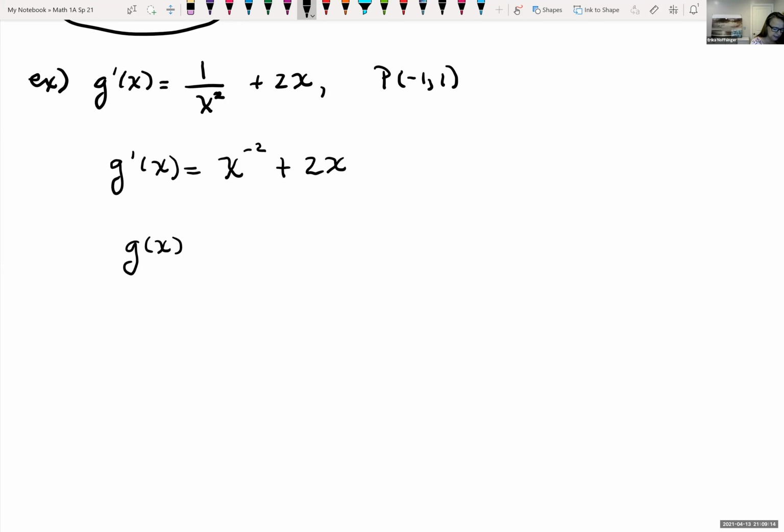You can always look at it and make sure. X to the negative 1: if I bring this down, I get negative x to the negative 2 power. But I want it to be positive out front. So maybe if I have a negative x to the negative 1 power, let's test it. If I bring my power down front, negative times that negative is positive 1, and subtract 1 from my power, that would give me this 1 over x squared.